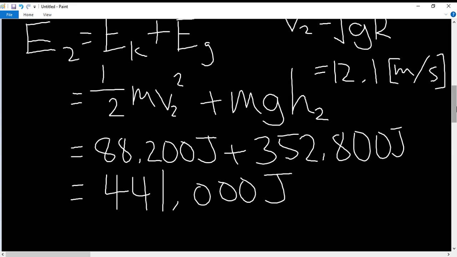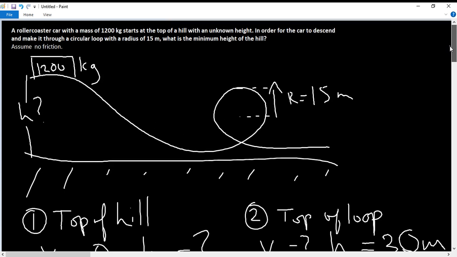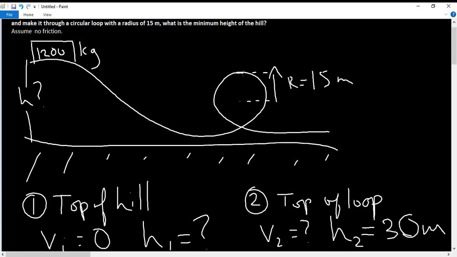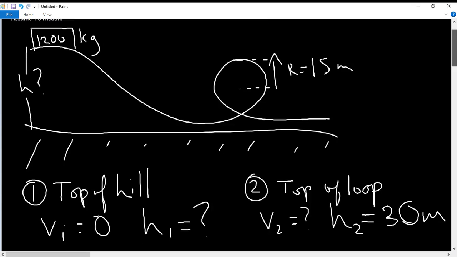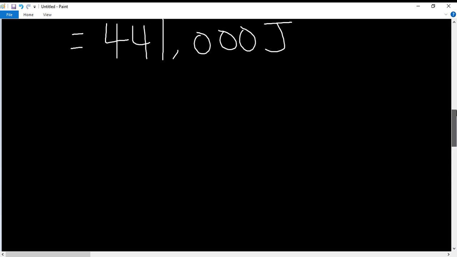Okay, so there's our energy at the top of the loop, but not only that, due to conservation of energy, energy at the top of the loop should be the exact same as when the car is at the top of the hill, right? The only thing is initial velocity is 0. There's no kinetic energy happening, but we do know that there's potential energy. So again, energy at the top of the hill is equal to energy at the top of the loop.